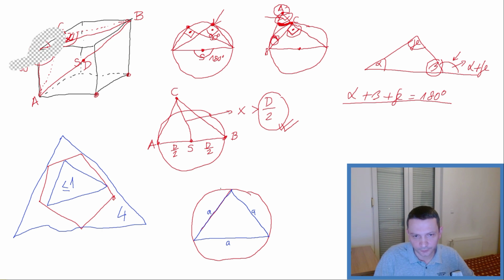And the smallest triangle in which a circle can be inscribed is actually again a triangle with all equal sides. Let me call them A and B.